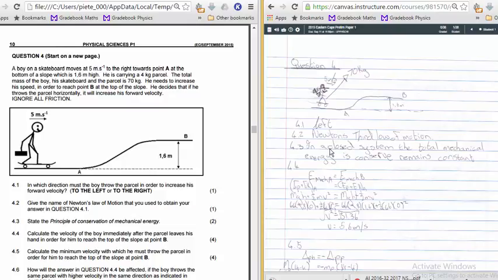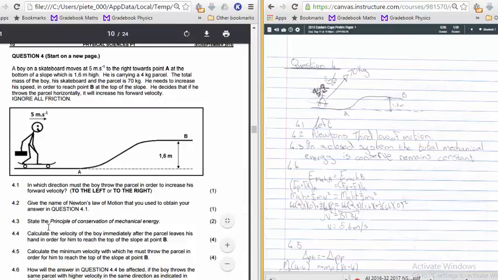It is not "in a closed system", that's not the right wording, but rather "in the absence of non-conservative forces", the total mechanical energy is conserved. So not in a closed system. It is basically a closed system, but with the absence of non-conservative forces, the total mechanical energy is conserved and remains constant.